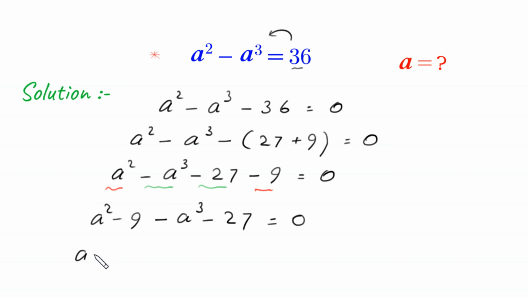Next, a squared minus 9, we use parentheses to make this a group, minus we use parentheses. Since we used negative sign before parentheses, this negative a cubed will become positive a cubed, and this negative 27 will become plus 27 is equal to 0.